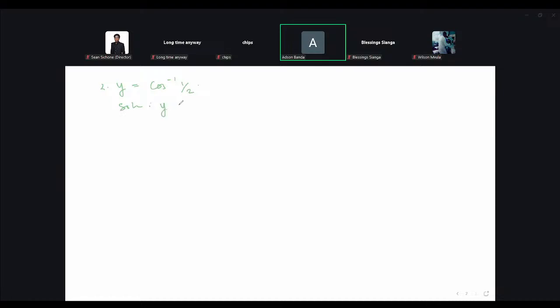In this case, y is the cosine inverse of half implies and is implied by half being equal to the cosine of y. So what is y in that case? Sixty. So it is still 60 degrees.